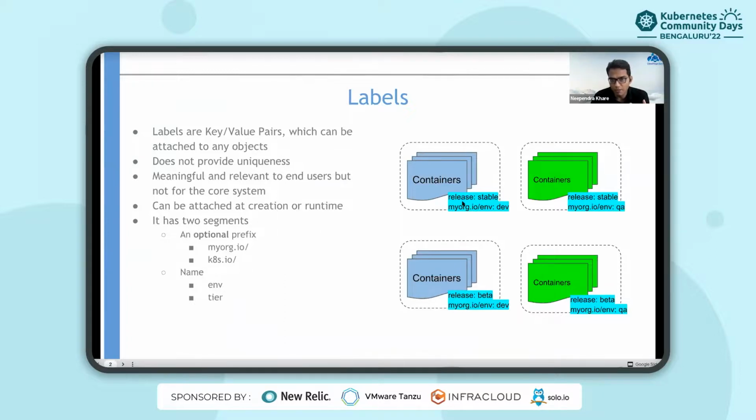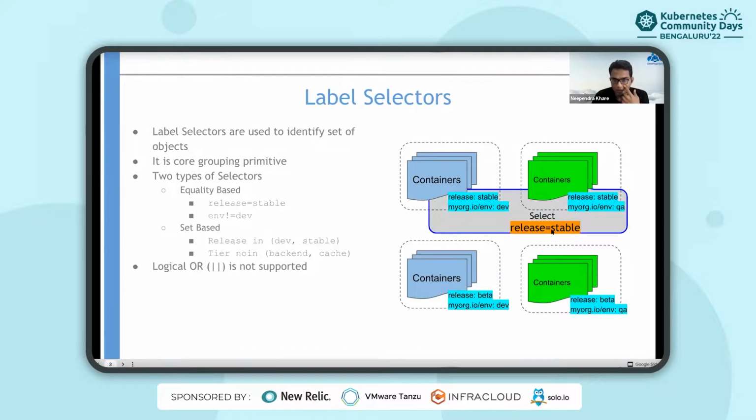Here we are giving a label like release stable or release beta, and then something like myorg.io/env dev or QA. So I can assign labels to my objects, and then I can do a selection on them.